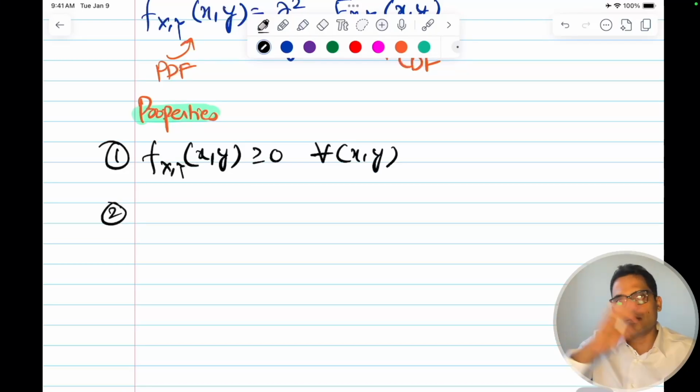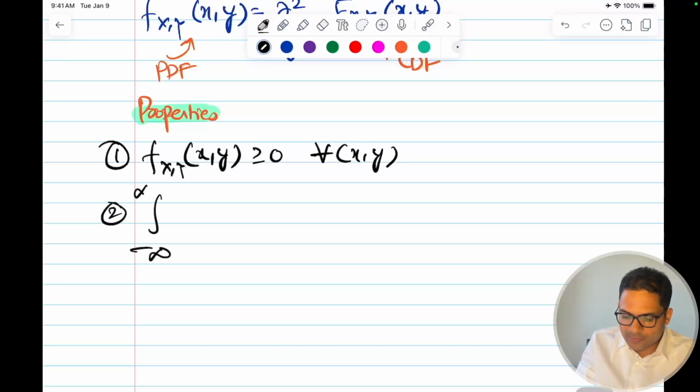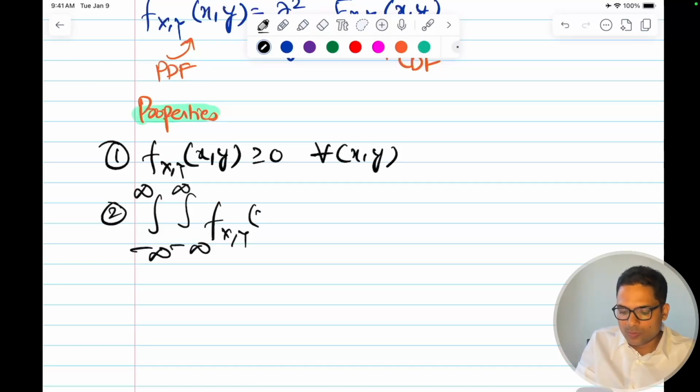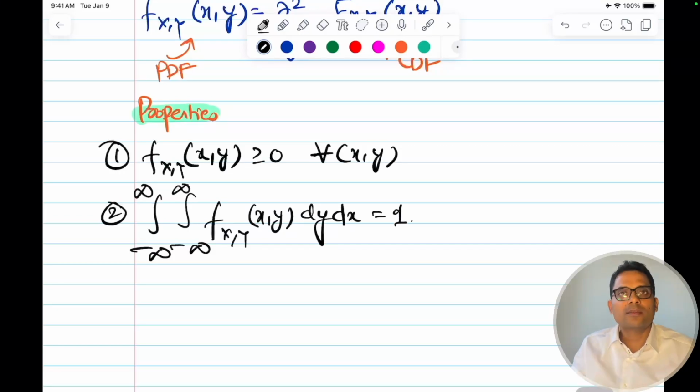The area under the curve of the joint PDF, the joint probability distribution, would be 1. So we'll integrate from minus infinity to infinity over both variables x and y, and this whole thing should sum up to 1, dy and dx. This should be equal to 1. So I hope the joint probability distribution is clear.